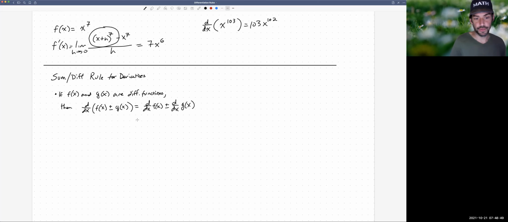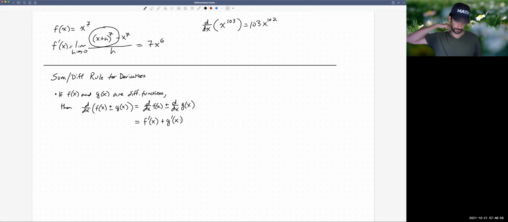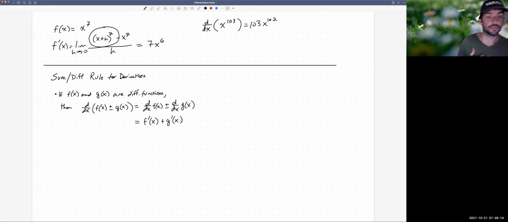Which we could also just write as f prime of x plus g prime of x. Okay, so if you have two functions whose derivatives you know, and you add them together to create a new function, when you take a derivative of them, it's just going to be the sum of those two derivatives. Right?